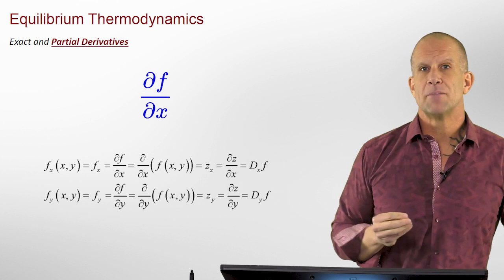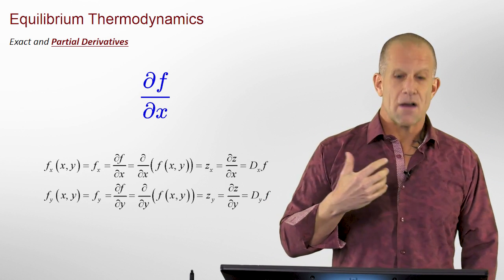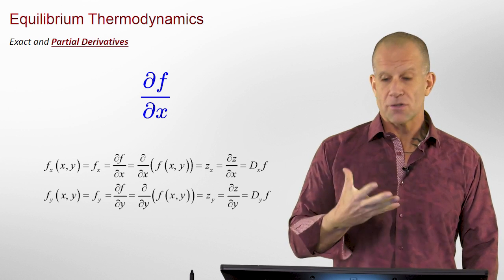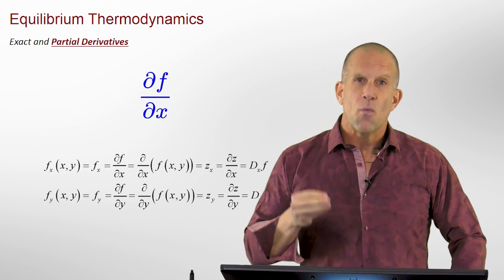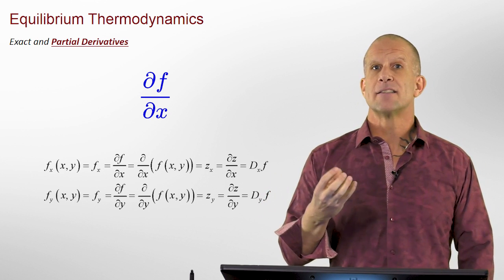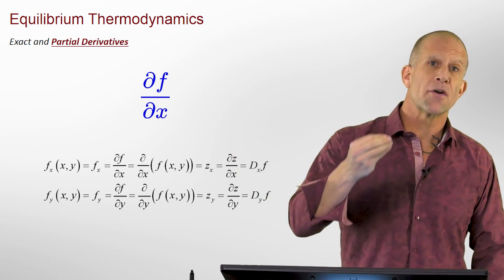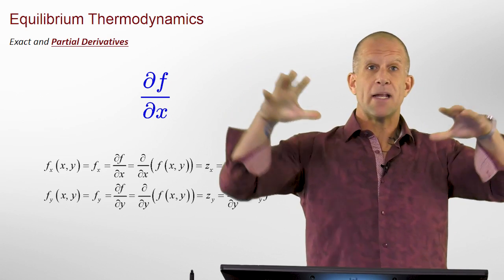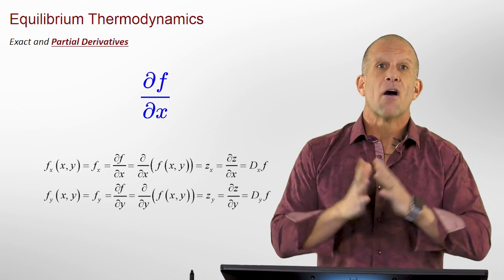So oftentimes you'll see this, and I've drawn it in blue here. The way you would read this is the partial derivative of f with respect to x. What's implied, we oftentimes show explicitly, is that there's more than one variable, and all the other variables that are dependent or can change are held fixed.